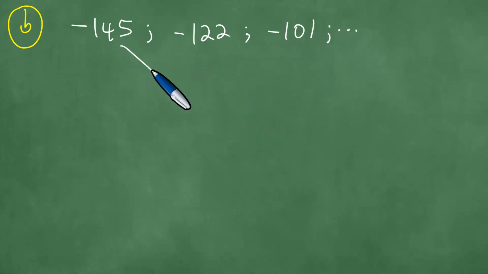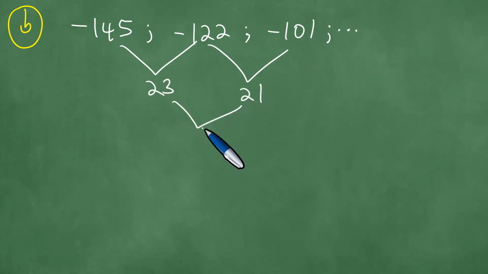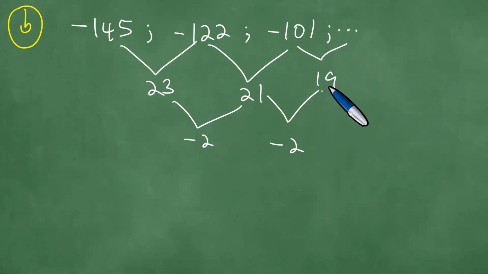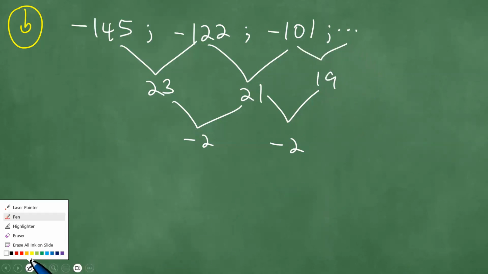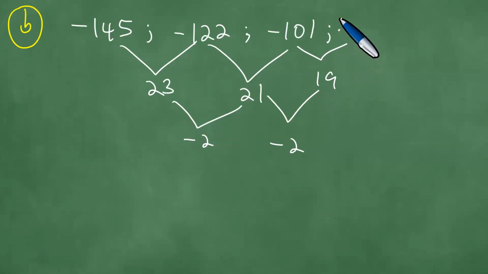Which means that we have this, which is exactly 23, which is exactly 21, and we find the difference here, and it's minus 2, and you continue. It's going to be minus 2 again, so 21 minus 2, you subtract here, you get 19, and you have this with this, what do you get there? You get exactly minus 82.